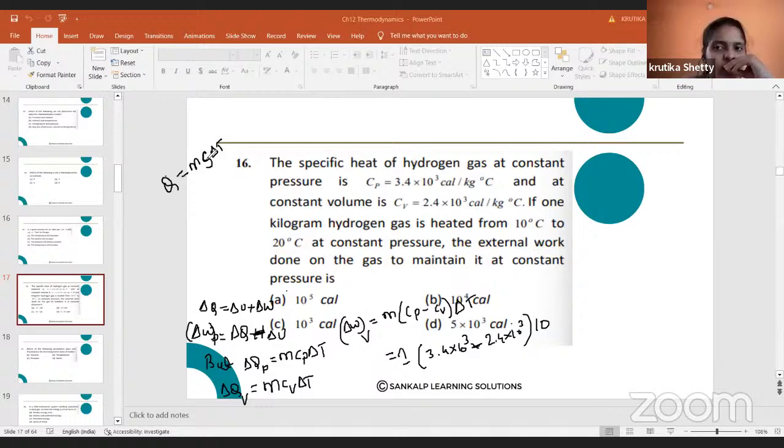For constant pressure and constant volume, we can write the equation: for constant pressure, Q is equal to m Cp delta T, and for constant volume, Q is equal to m Cv delta T. Here I am taking the difference of these two.